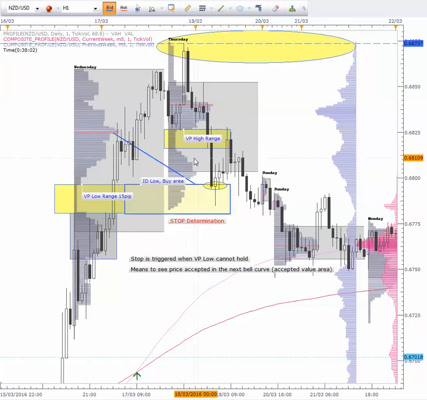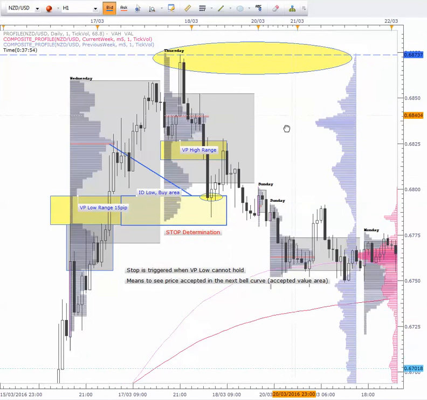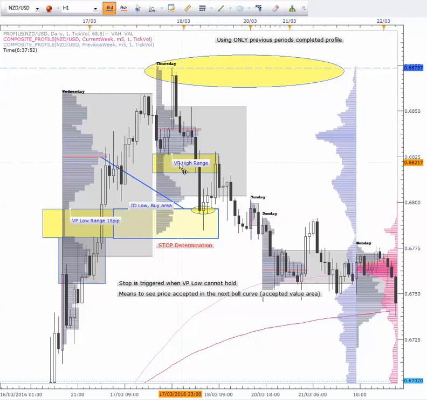So it's all relative to where price is. If price was above here, then this would not be a volume profile high. It would be a volume profile low. But because price is underneath it, it's now a high. It needs to break through this and get accepted into the next for it to continue up.